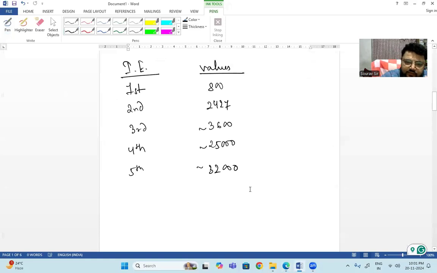Now, you have to just take the difference between the first and the second. When this is 800 and this is 2400, there is a difference of 1600. Between the second and the third, the difference is about 1200. Now between the third and the fourth, the difference is not double, not triple, it is a lot more.